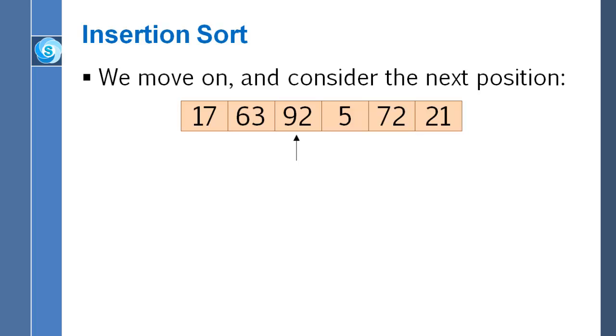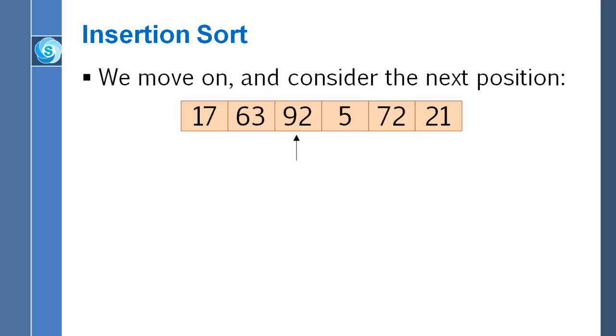So now we look at the entry immediately before 92, right? So we're examining the third position right now. We have to go look at the second position. All right. The number there is 63. Well, that's less than the number 92.